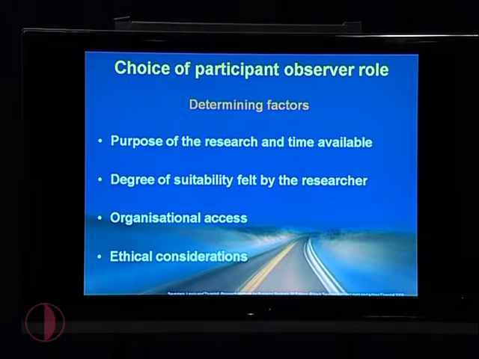What's the purpose, the aim of the research, and the time available, because it will be time consuming to some extent. Degree of suitability felt by the researcher. Organizational access, having access to reach some sources, some sites, to make observations and to collect information. And as we mentioned, the ethical consideration, especially if the researcher doesn't reveal his identity.